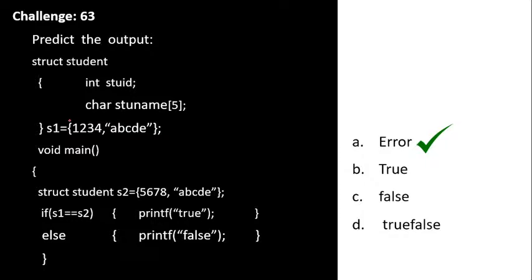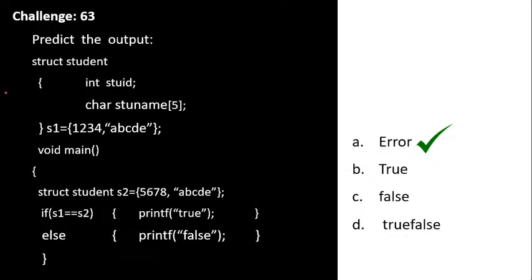If S1 is equal to S2, then print true. What are S1 and S2? S1 and S2 are nothing but structure variables, and structure variables cannot be compared like this. Individual members of the structure variables have to be compared. So this direct comparison, if S1 is equal to S2, is not the way I compare structures.